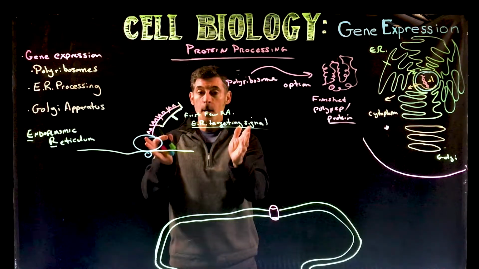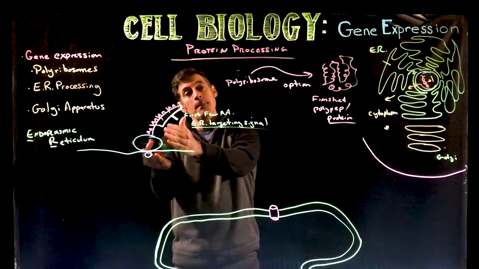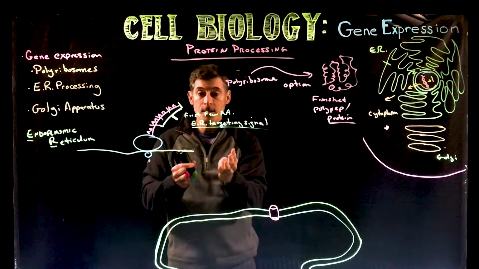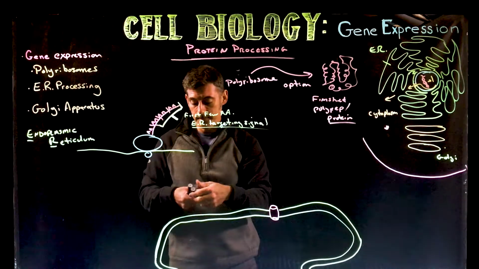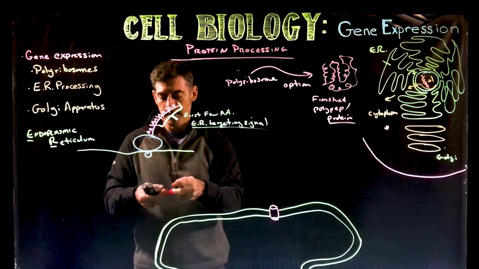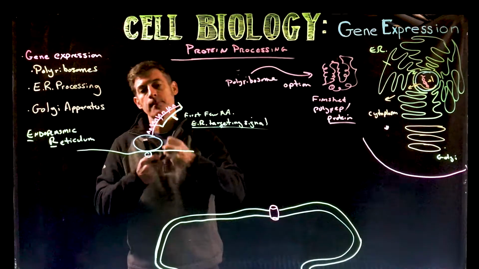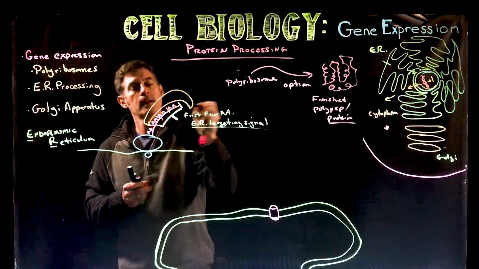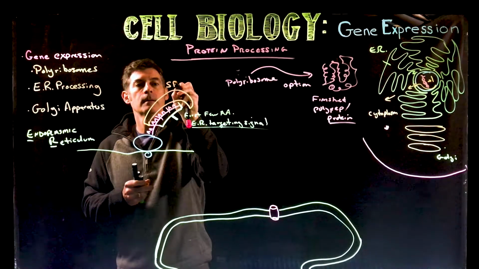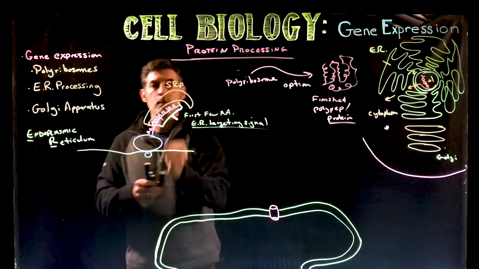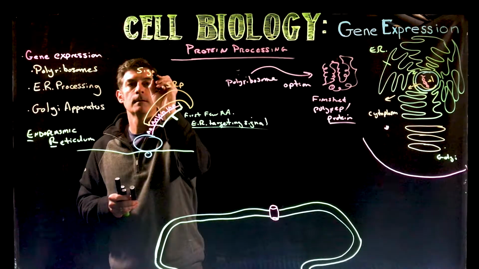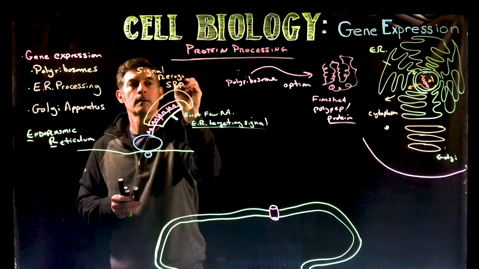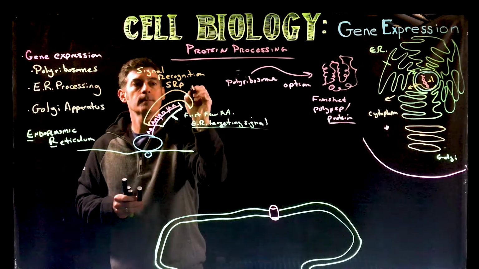The first part of this is that some of the initial amino acids that have been assembled during the translation process create a targeting signal. Out in the cytoplasm, I'm going to do this kind of crudely just to give you the basic idea, we have something called SRP, which is a signal recognition particle.